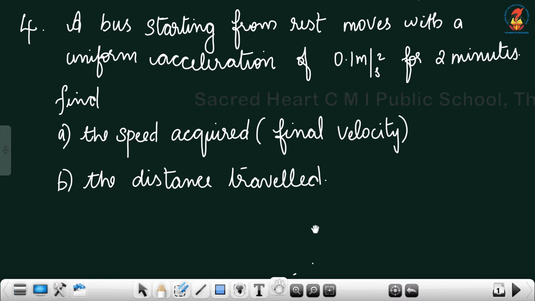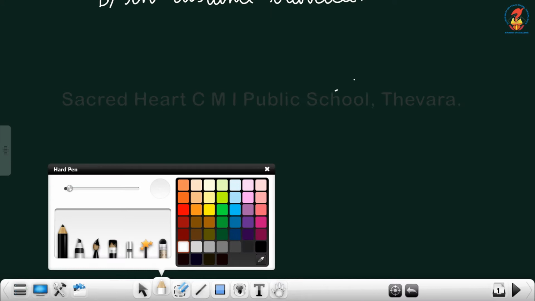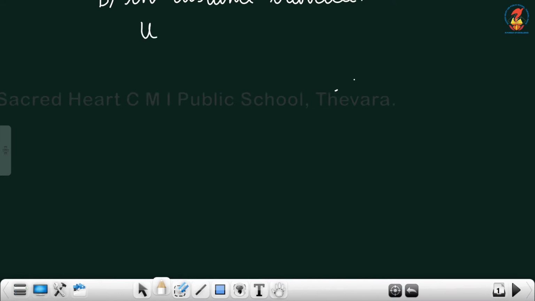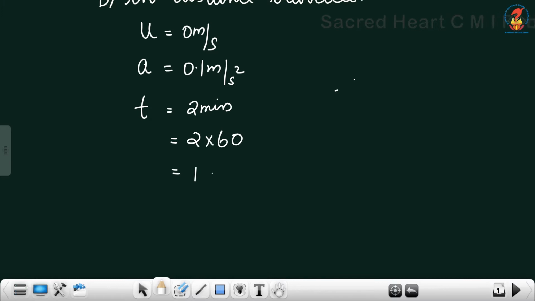So according to this question, U, that is initial velocity, is equal to 0 meter per second, then acceleration is equal to 0.1 meter per second square, then time is equal to 2 minutes. So convert it into seconds. 2 into 60, that is equal to 120 seconds.